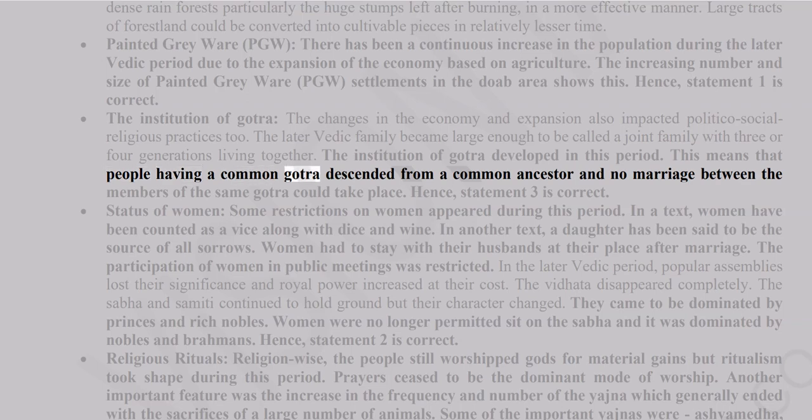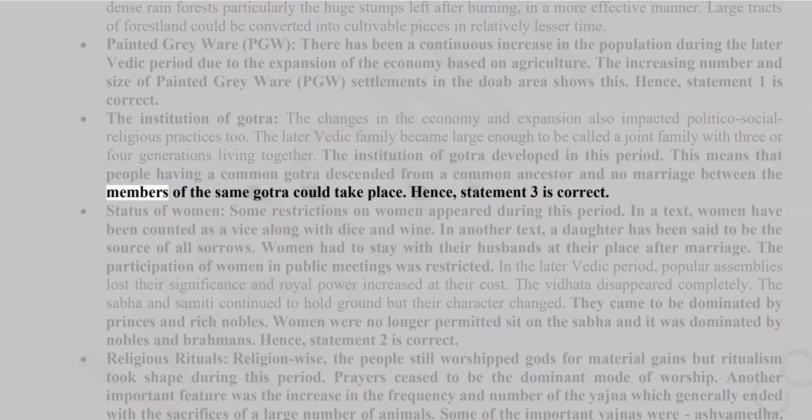This means that people having a common Gotra descended from a common ancestor, and no marriage between the members of the same Gotra could take place. Hence, statement 3 is correct.